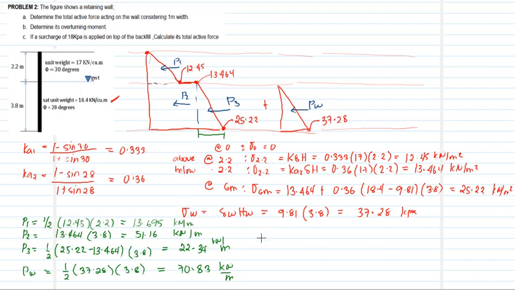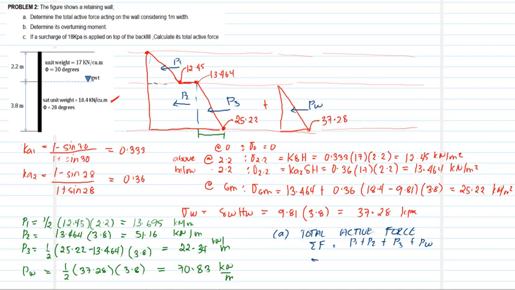So, for letter A, ano ngayon daw yung magiging total active force? So, we have the total active force, say that is equal to the summation ng ating forces, which is equal to P1 plus P2 plus P3 plus PW.